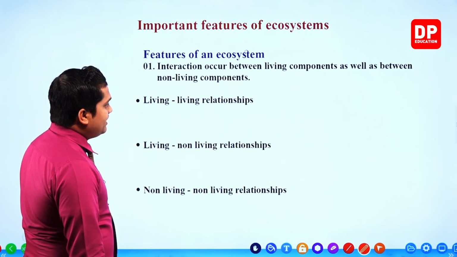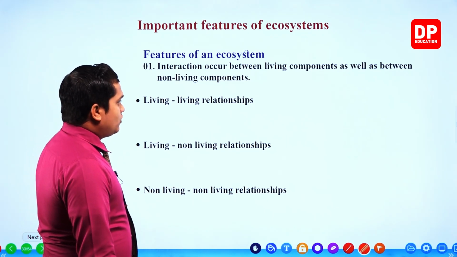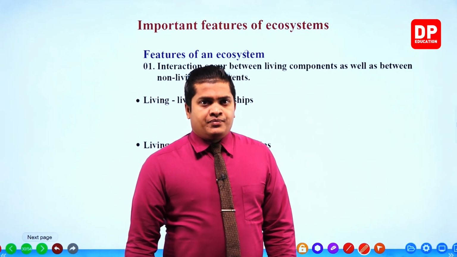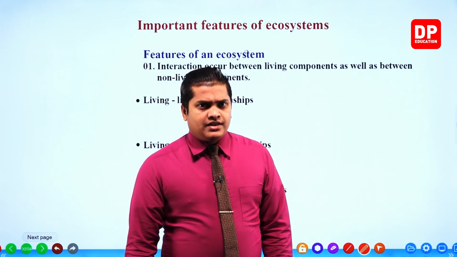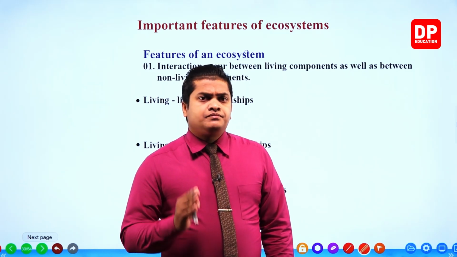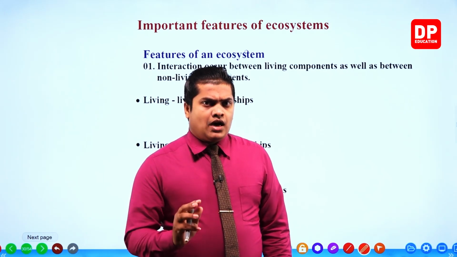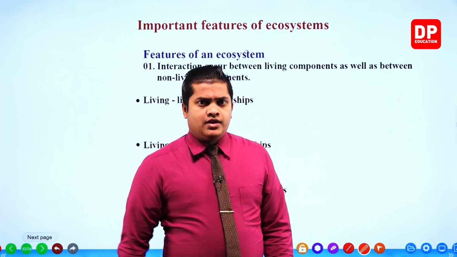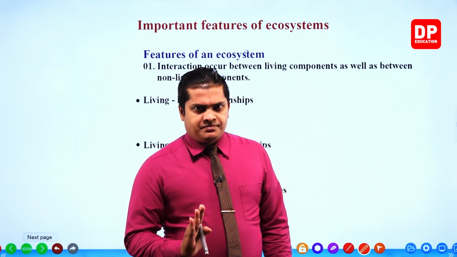Number one, living relationships. So what are the examples for a living relationship? Like I said when I was starting the lesson, my dear children, when you take a certain plant, there are certain types of organisms living on that plant. A plant is a living organism, right?